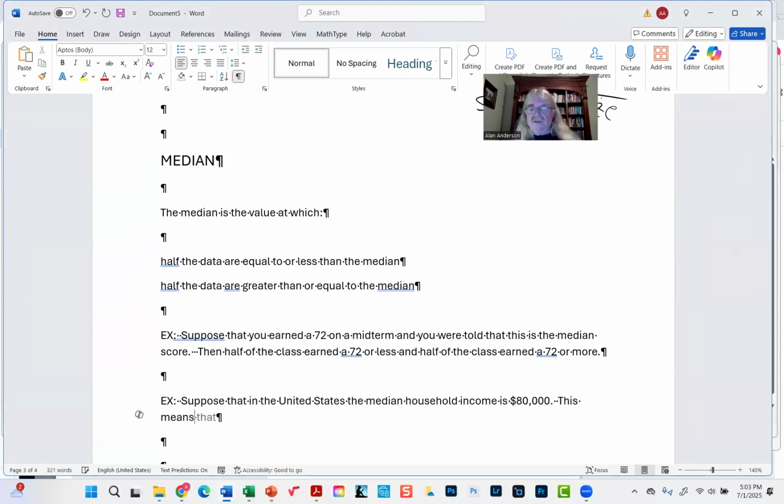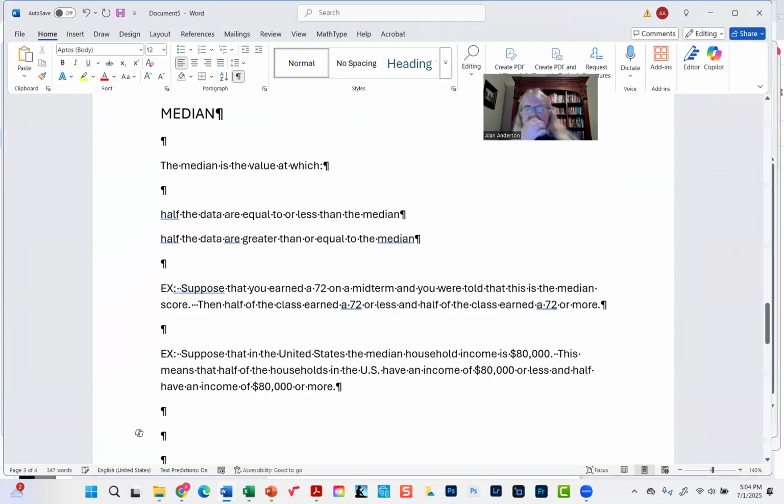This means, of course, that 50% or half of the households in the US have an income of 80,000 or less, and half have an income of 80,000 or more. All right. So household incomes are often reported as a median rather than a mean. We'll discuss the reasons for that later on. So it's an important number.